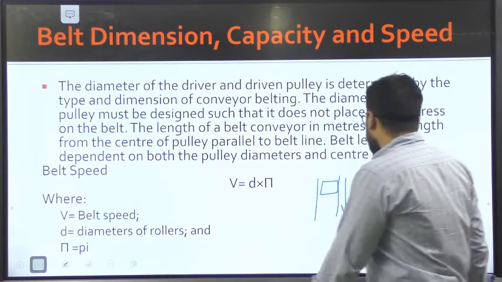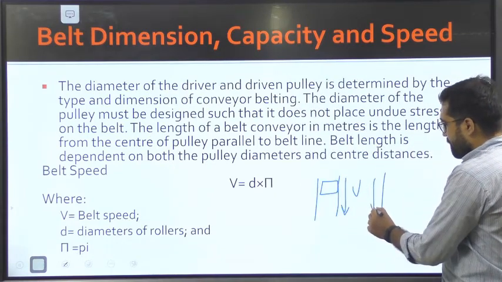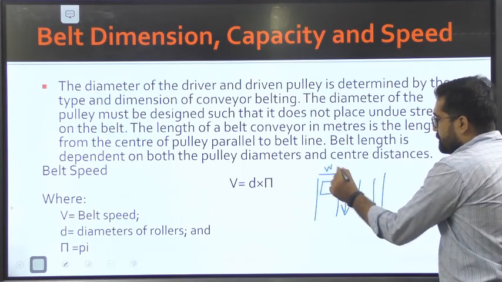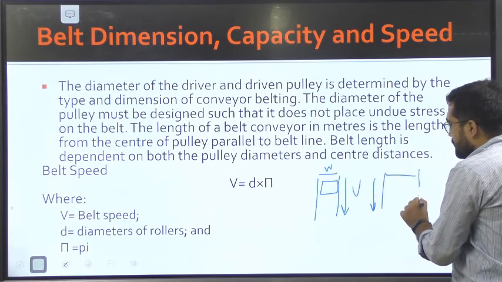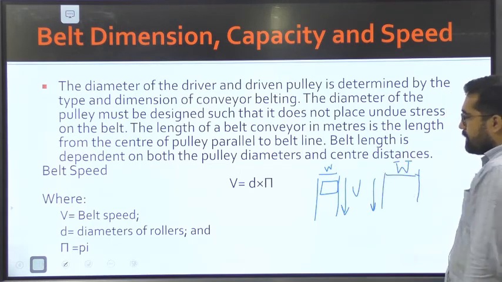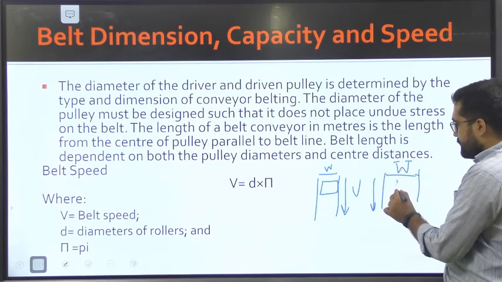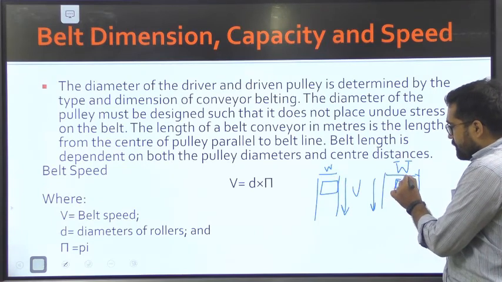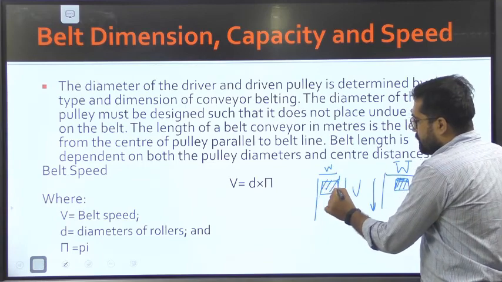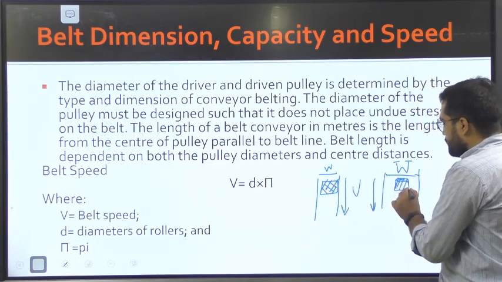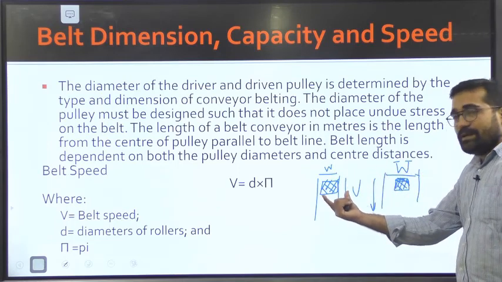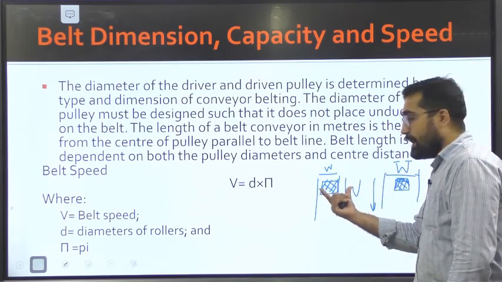If we keep the velocity the same, but this time we increase the belt width to capital W, now the width is more and the product is the same. The chances of falling of the product will be more in which belt? Of course, in this belt the chances of falling will be higher.